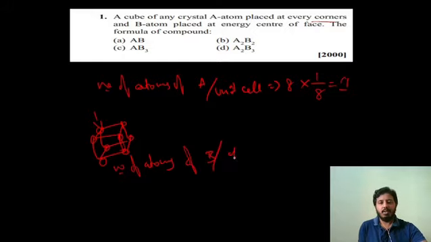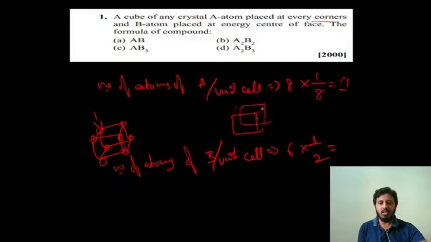Similarly, the number of atoms of B per unit cell is, where are the atoms of B present? They are present at the face center.